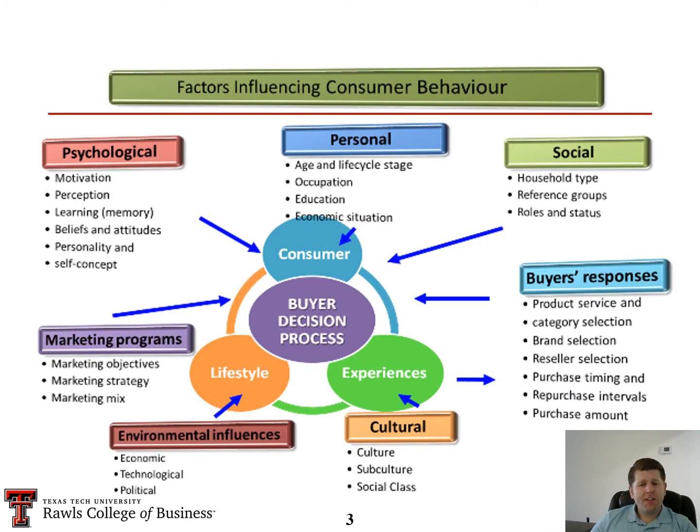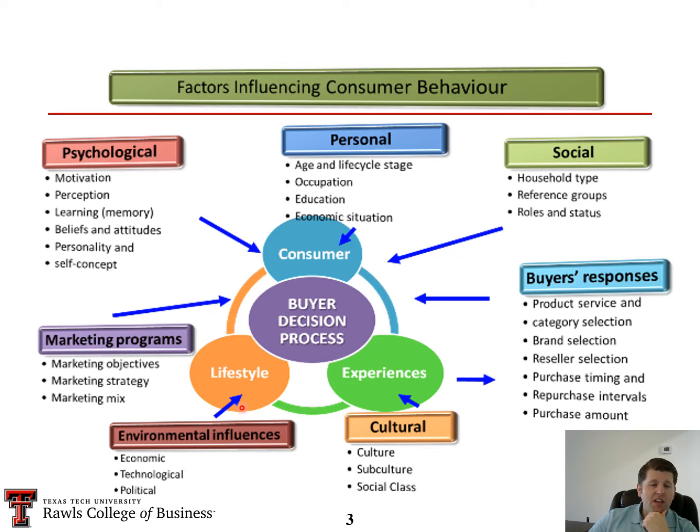This is a nice figure that shows us different factors that also could influence consumer behavior. And these are a lot more detailed. This provides us a nice overview of all the potential factors that could influence a consumer's decision process. So we have marketing that we could talk about right here, and we also have our psychological here.